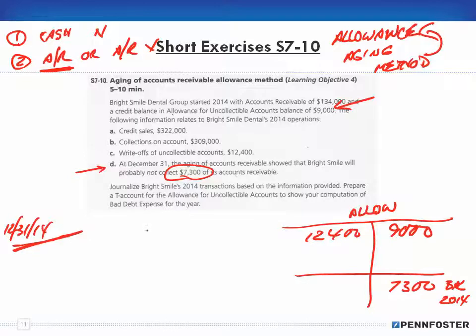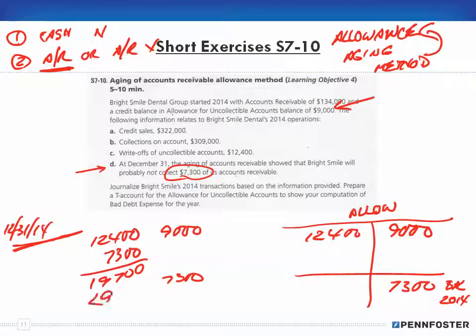If I have a credit of 9,000 and I have to end up with 7,300, and I have a debit of 12,400, what I need to do is add the 12,400 plus the 7,300, and then subtract out the $9,000.